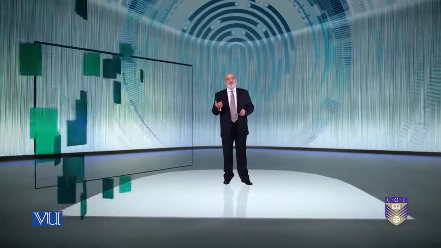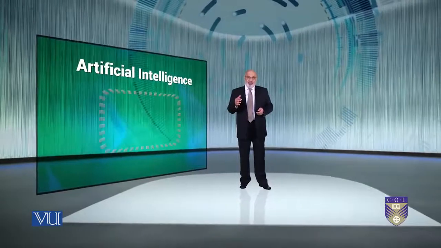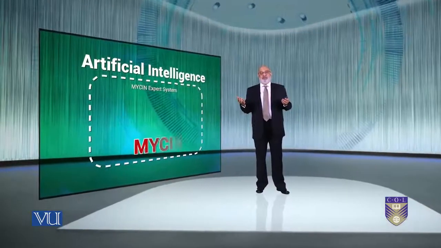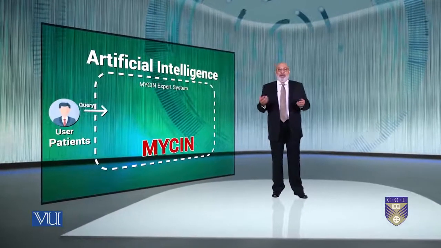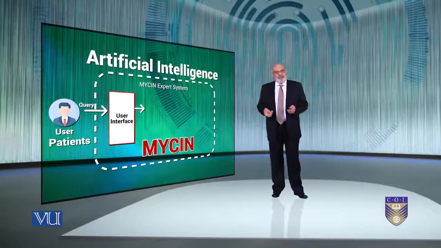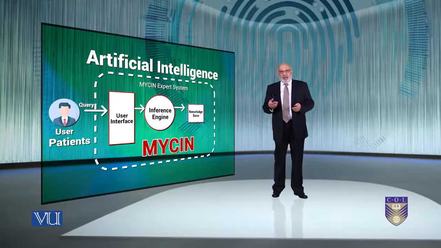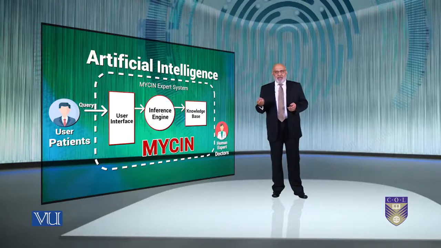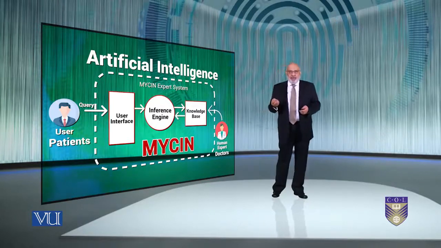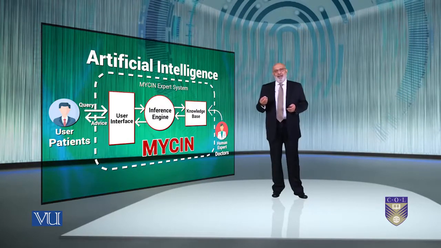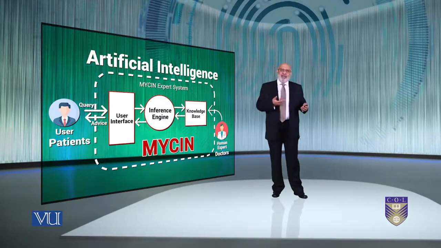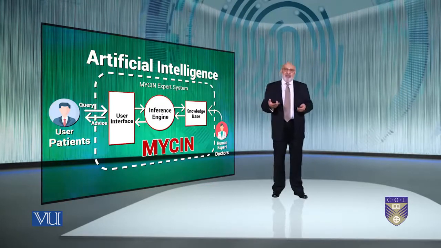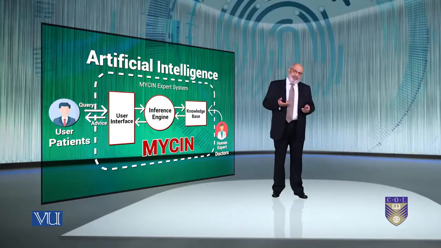A typical example to understand this is expert systems, the evolution of expert systems. Initially, a very famous expert system called MYCIN was developed at Stanford University. It could reason very well about bacterial infections. In fact, it was compared with actual physicians at Stanford.